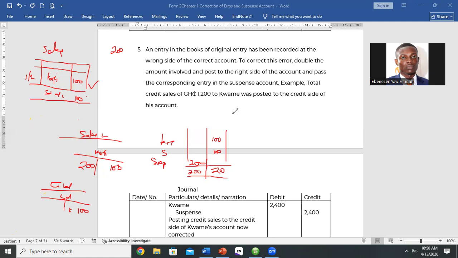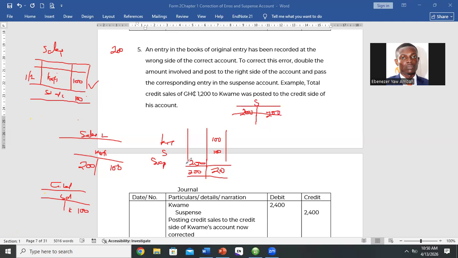Suspense account. And I open the suspense account for you to appreciate that. If you open the suspense account, the difference is at the debit side. So in your suspense account, the debit is here, 200. So if you debit Kofi 200 and you credit suspense 200, the error will be gone, because now suspense will have 0.